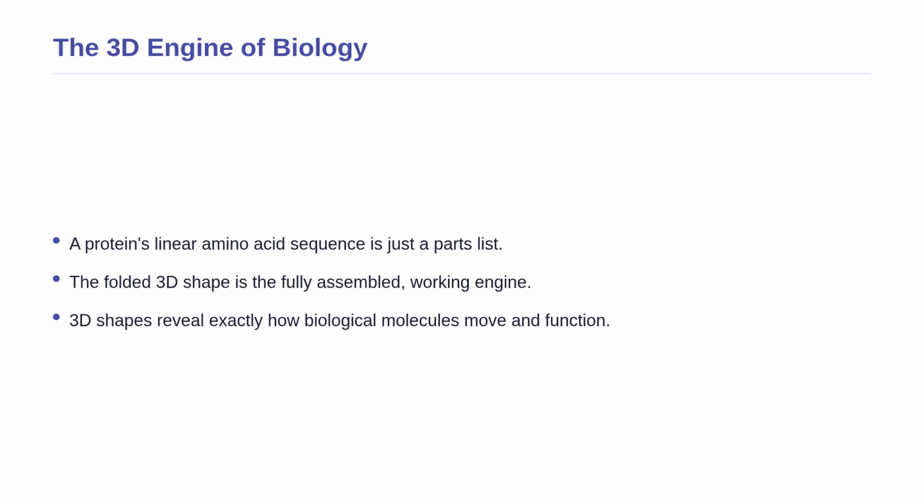In biology, a protein's linear sequence of amino acids is just that simple parts list, but its folded three-dimensional shape is the fully assembled working engine. Structural bioinformatics is the exciting science of using computers to understand these incredible biological machines.